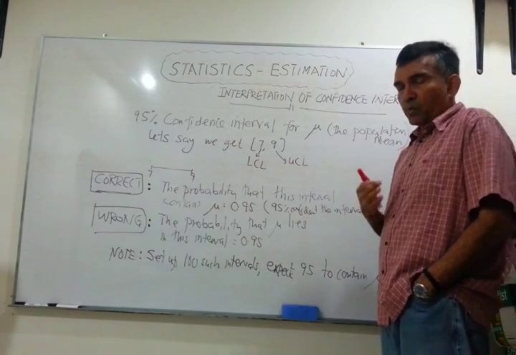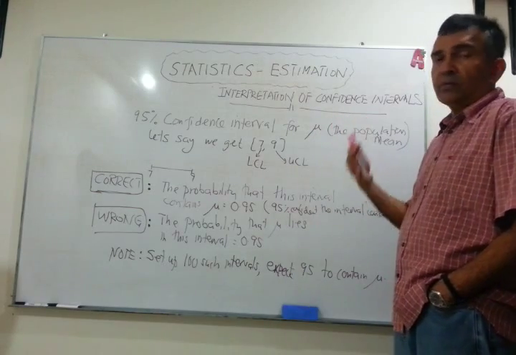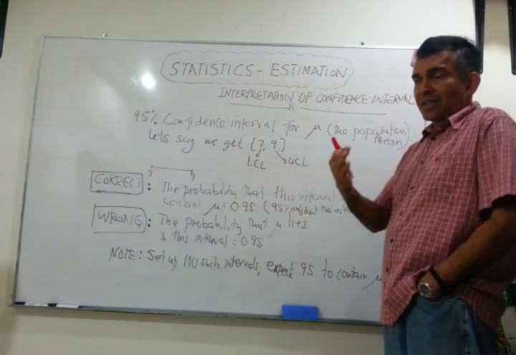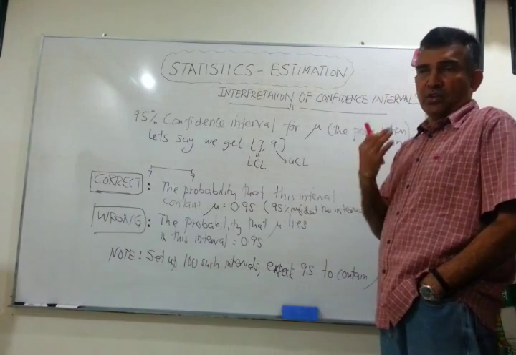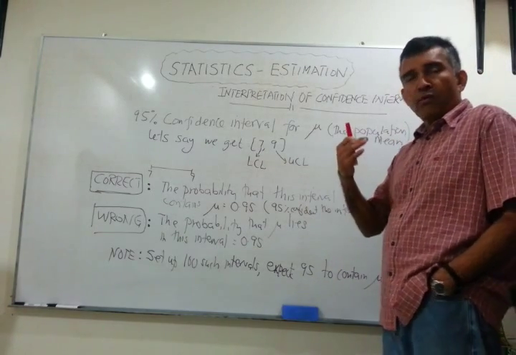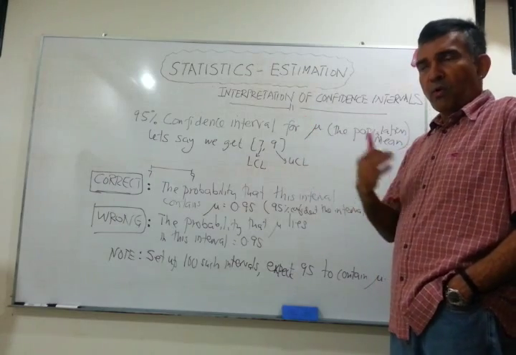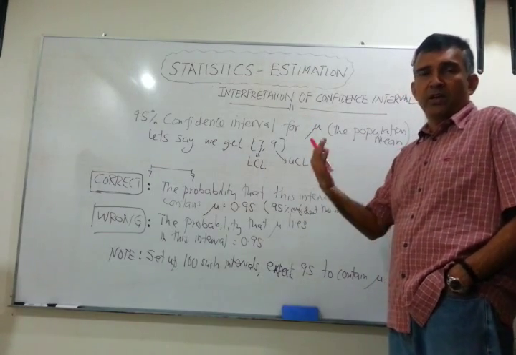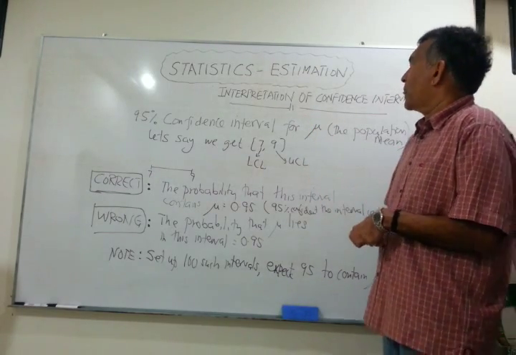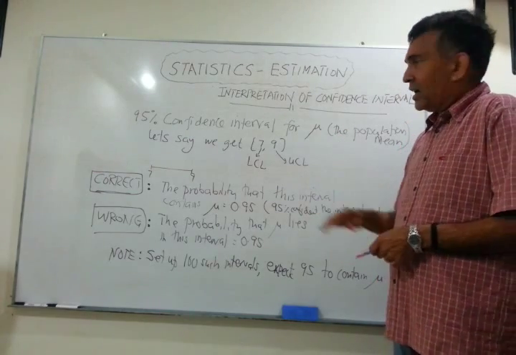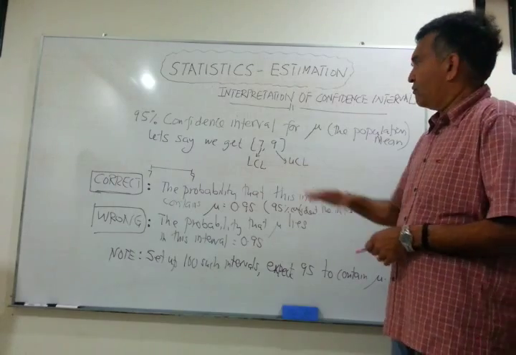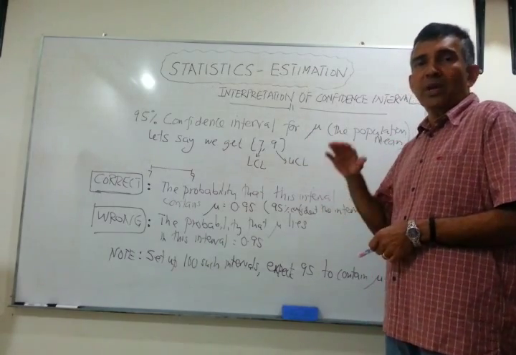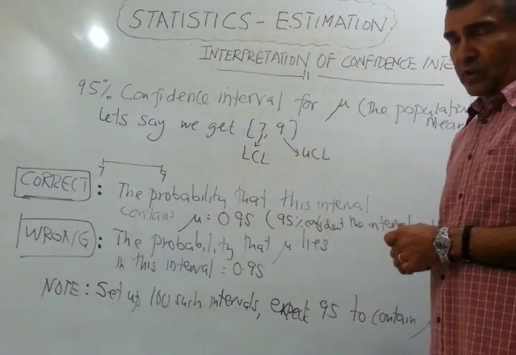So the point is, we will be setting up confidence intervals for parameters. Parameters describe a population. So for mu1 minus mu2, for pi1 minus pi2, and so on. So we're not going into how to set up the confidence intervals. We're just going to talk about how you interpret the confidence intervals.